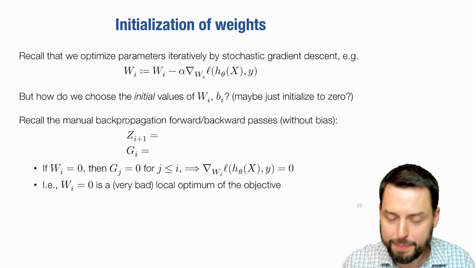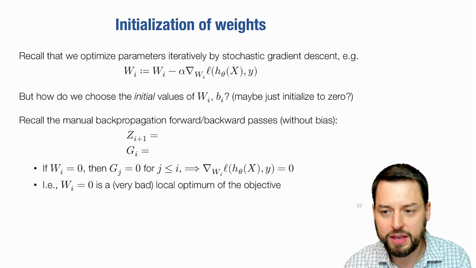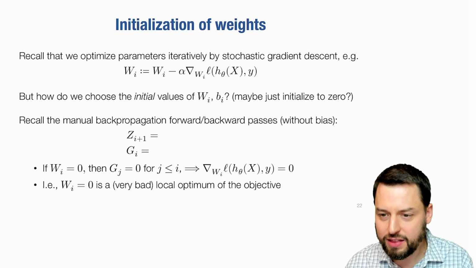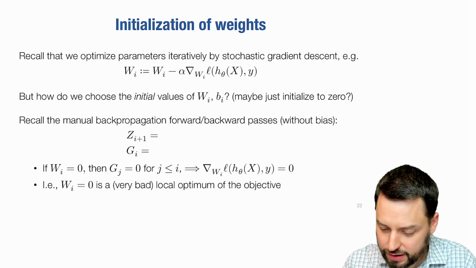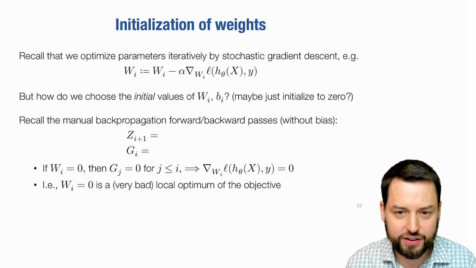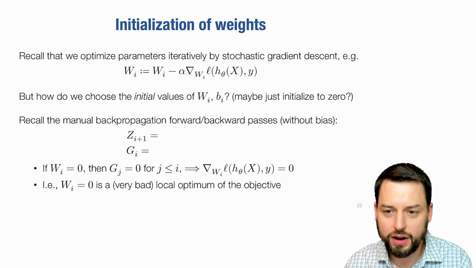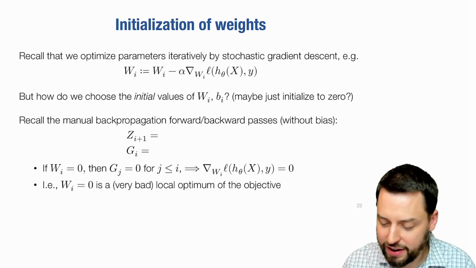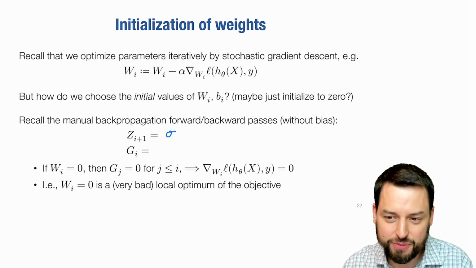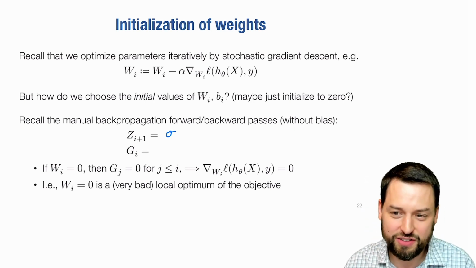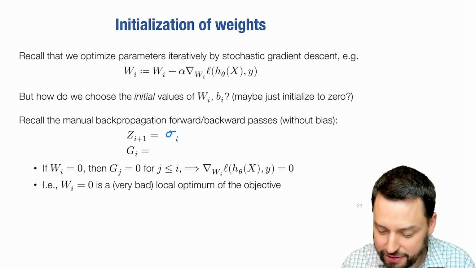Let's think about what happens if we initialize our parameters to be 0. If we think about the iterations of our network, even without the bias term for now because it's simpler (adding a non-zero bias still does not fix this problem, to be very clear), we can think of this as initializing both our weights and biases to 0.